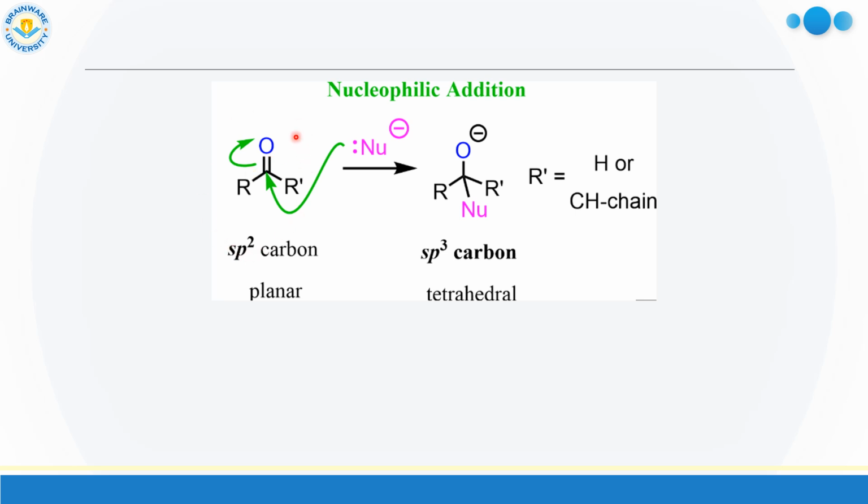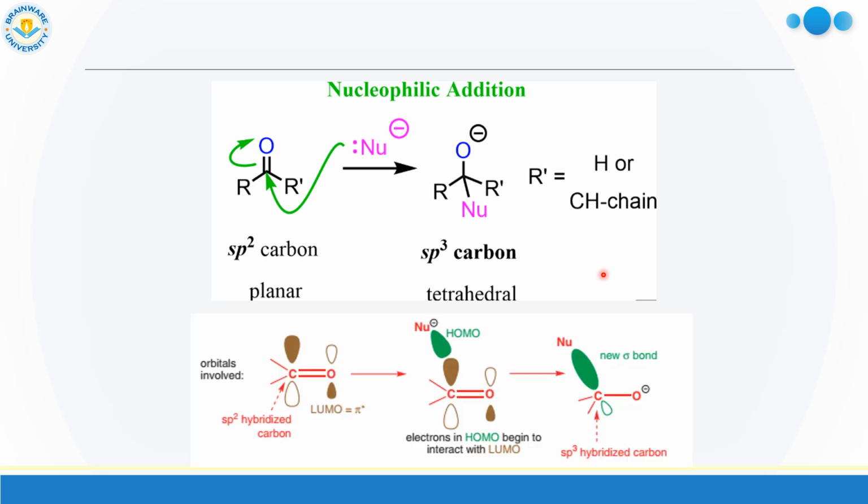This carbon center is sp2 hybridized, which is basically planar, and after the reaction it forms sp3, which is basically tetrahedral in structure.